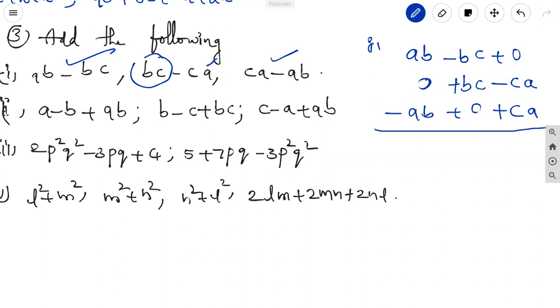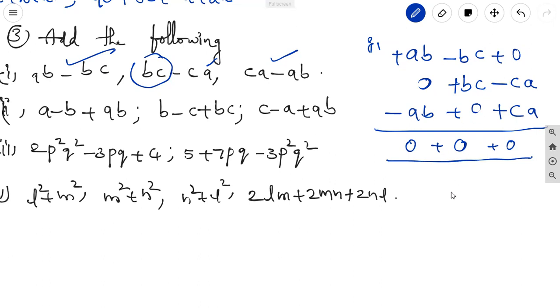Then you add. Plus AB minus AB, 1 minus 1, it's 0. Minus BC plus BC is 0. Minus CA plus CA is 0. What is the sum of the three? It's simply 0. That is the first answer.